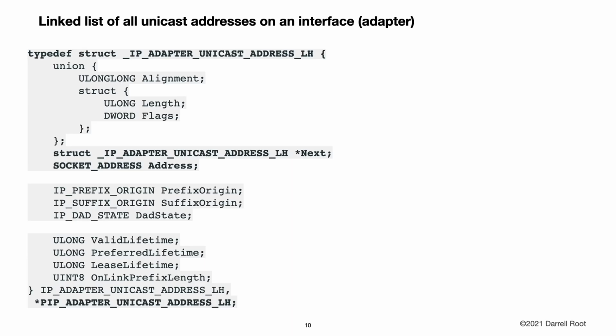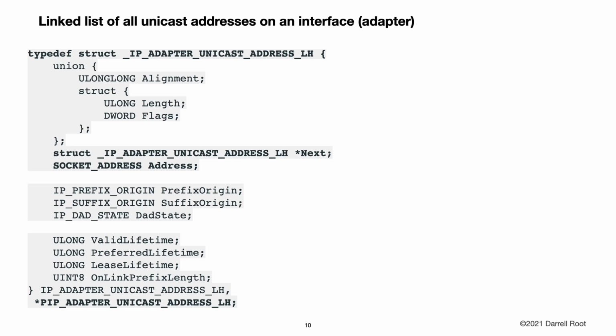Here's the IP_ADAPTER_UNICAST_ADDRESS_LH structure that we saw. We had a first Unicast address in our adapter linked list data structure, and that points to this linked list.